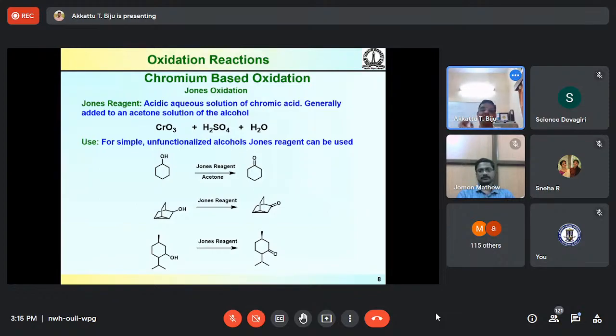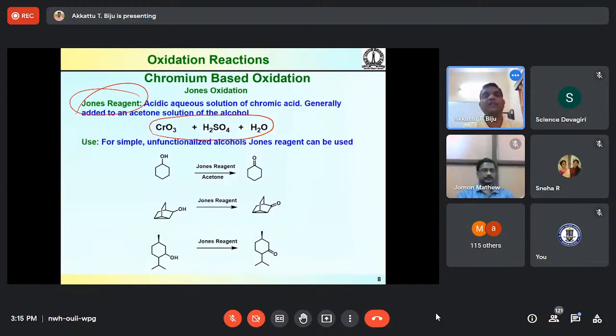So there are some reagents having some sort of selectivity, where you can stop the reaction at the intermediate stage. Say, for example, a universal oxidizing agent people use is the Jones reagent. The Jones reagent is an aqueous acidic solution of chromium trioxide.